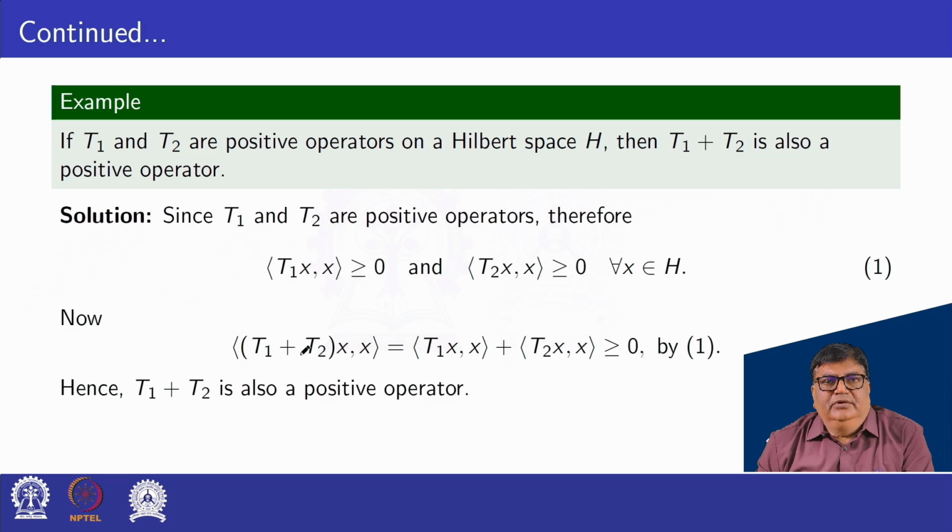Now the inner product of (T1 plus T2)x, x equals the inner product of T1x, x plus the inner product of T2x, x. As per equation 1, this is greater or equal to 0, and this is also greater or equal to 0. Therefore the inner product of (T1 plus T2)x, x is greater or equal to 0, hence T1 plus T2 is a positive operator.